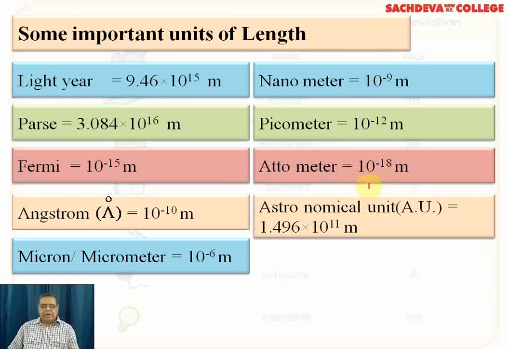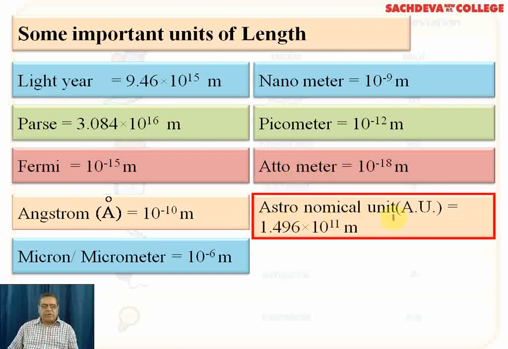In order to increase the knowledge, the attometer is generally the unit for recording the sizes of radio sources in space. So the radio sources are represented in terms of attometers. Radio source means any material which is sending radio waves. And next is the astronomical unit.